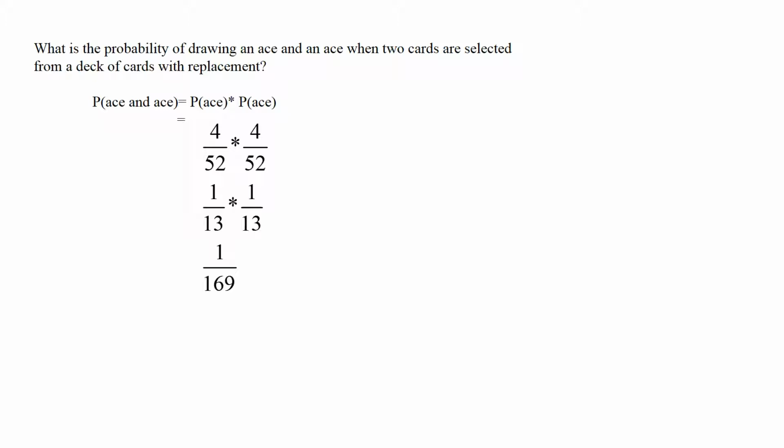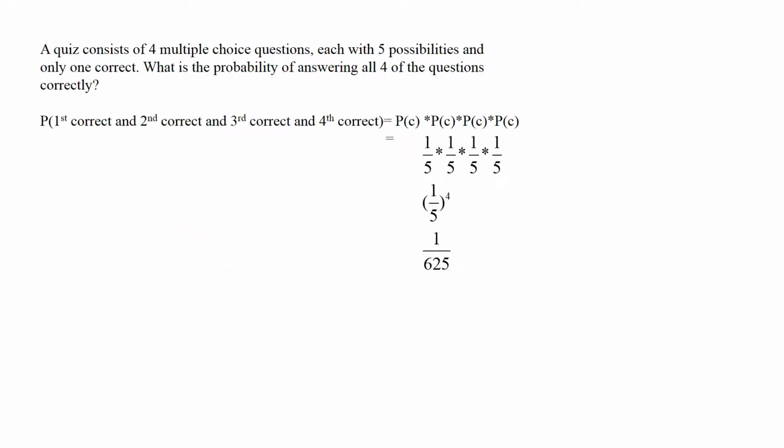The probability of the next card selected being an ace is also 4 out of 52. The answer is 4 out of 52 times 4 out of 52 equals 1 out of 13 times 1 out of 13, which is equal to 1 over 169.